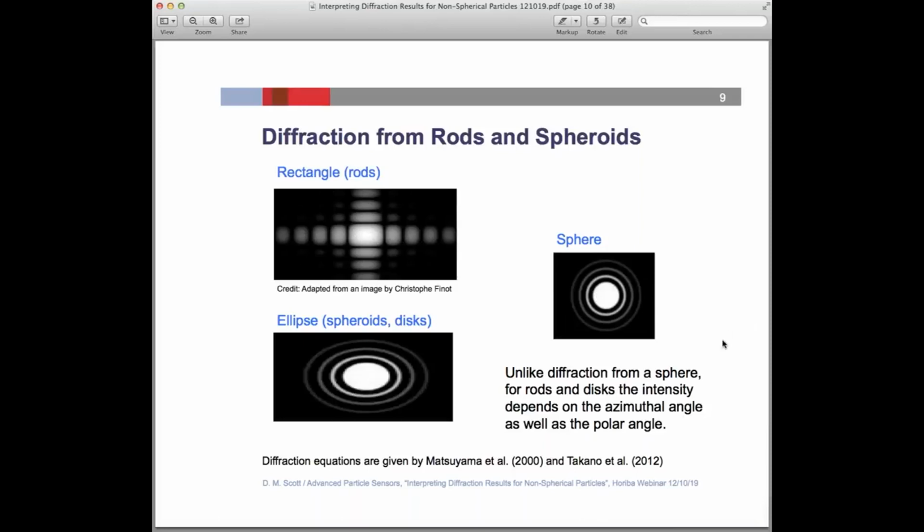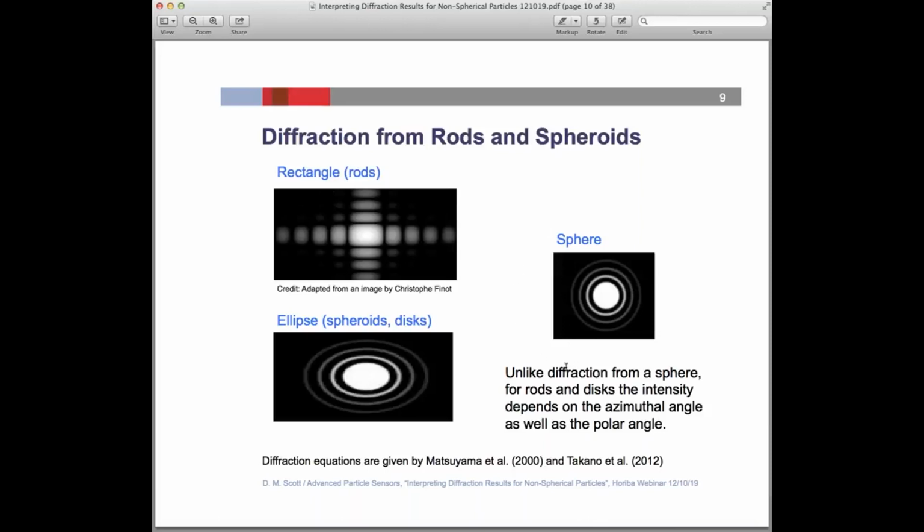And the point of this slide is to show you that unlike diffraction from a sphere, for other shapes like rods and spheroids, the intensity of the diffracted light depends upon the azimuthal angle as well as the polar angle. Azimuthal will be moving around counterclockwise like this.